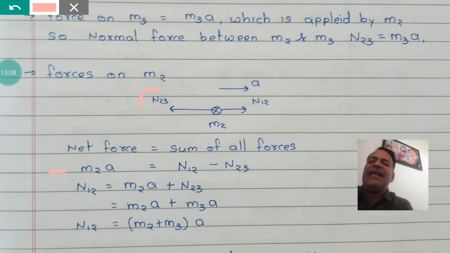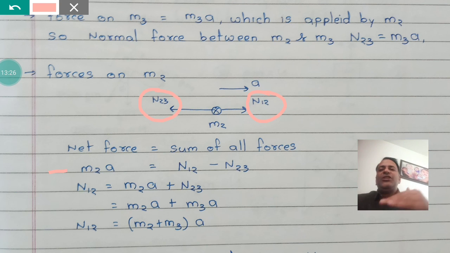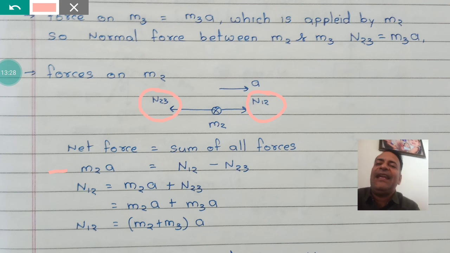So this force N23 becomes negative because it is on the opposite side, and this force N12 becomes positive because it is acting in this direction. Clear? So I'm using the same sign convention. Whichever side the acceleration is happening, the forces on that side are considered positive, and everything opposite to it is considered negative.